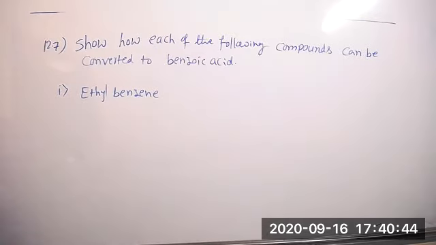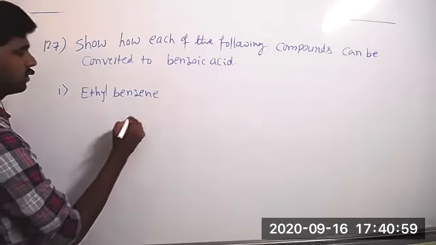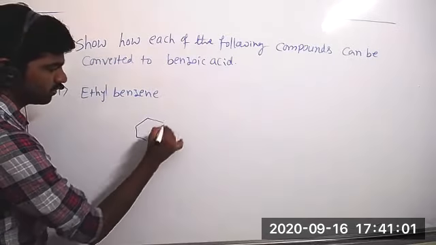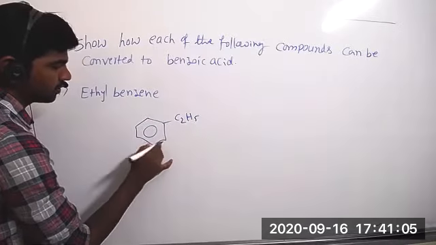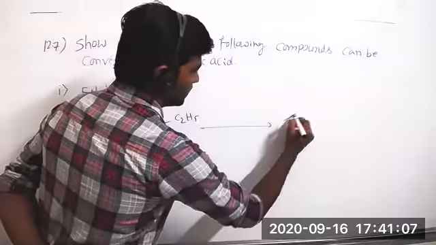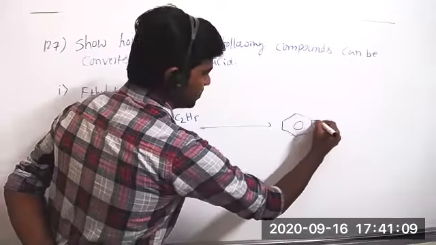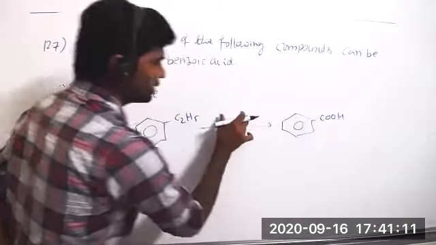So convert ethyl benzene to benzoic acid. Which reagent do we have to use? C2H5 is converted to the acid group. What is the reagent required here?